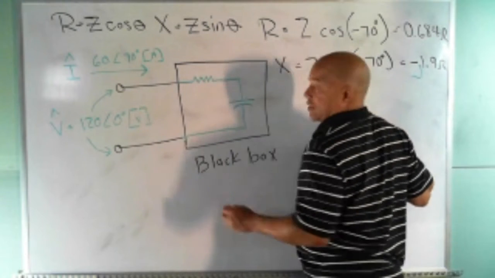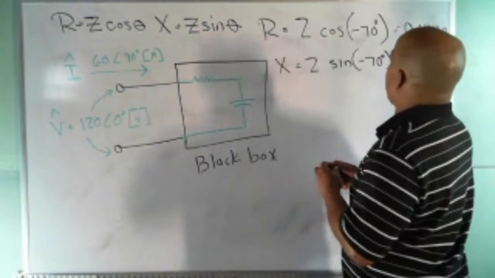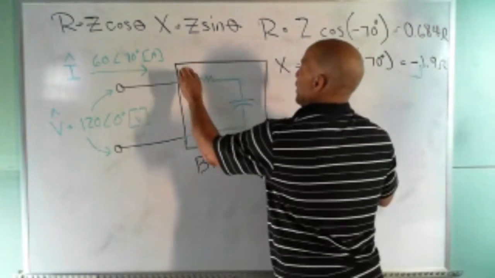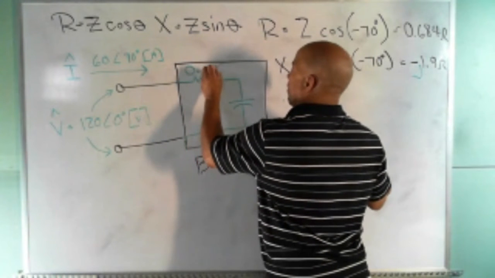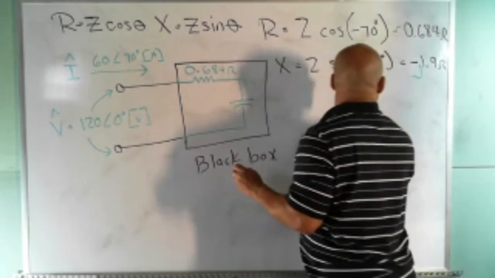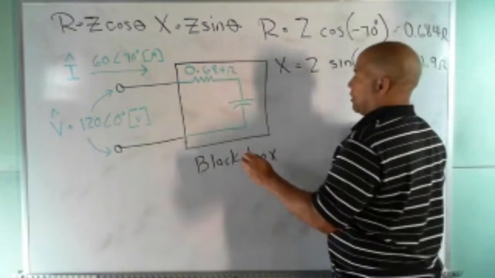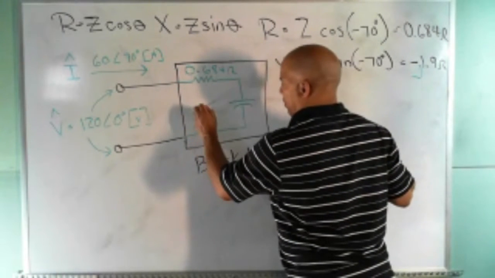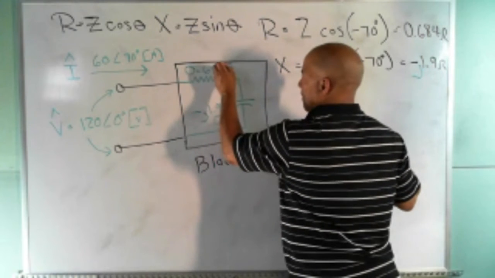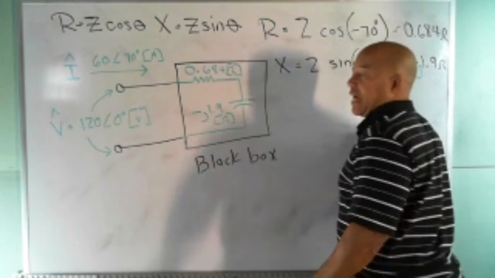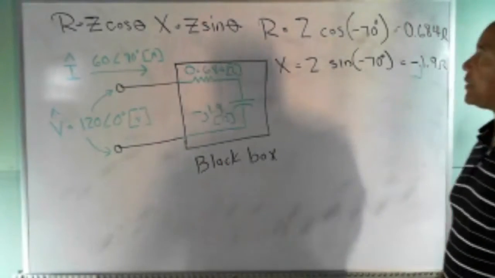So that's the simplest series circuit you can have. The value would be 0.684 ohms for that, and then for this, minus j 1.9 ohms for that. So that's how you tell what's in the box, the black box.